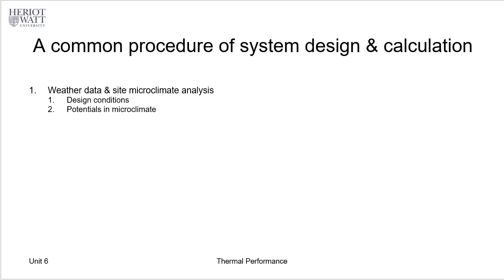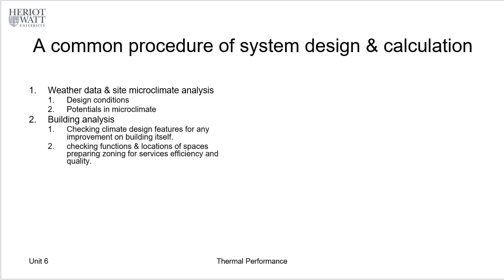For example, prevailing wind in summer, we can think about natural ventilation, and if there is excessive solar, we should consider shading and so on. Primarily here, we need to pick the right design conditions for winter and for summer.